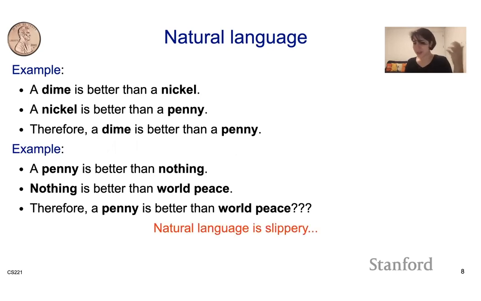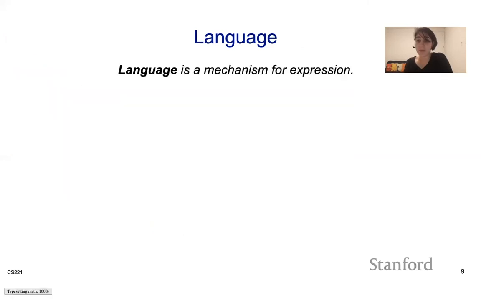So even though natural language is pretty rich, when we are thinking about logical statements and making logical inference and following inference rules, it feels like natural language is a little bit slippery, and we might want to have access to some other type of language.